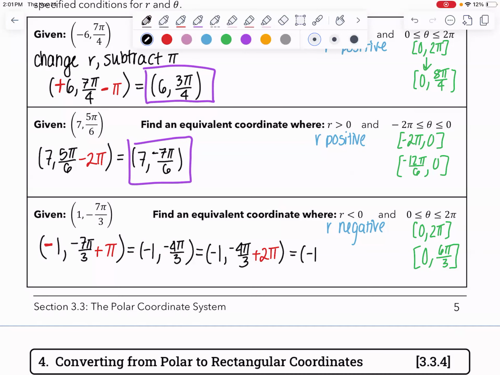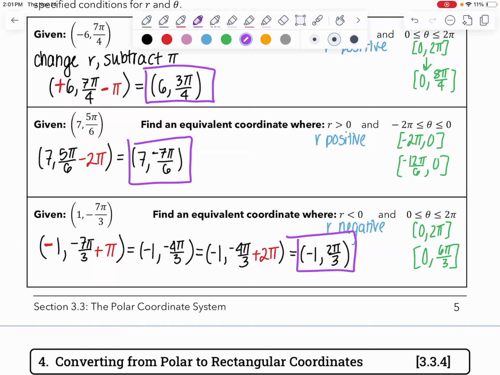We have negative 1, comma, negative 4 pi over 3 plus 2 pi. So negative 4 pi plus 6 pi is 2 pi over 3. Boom.